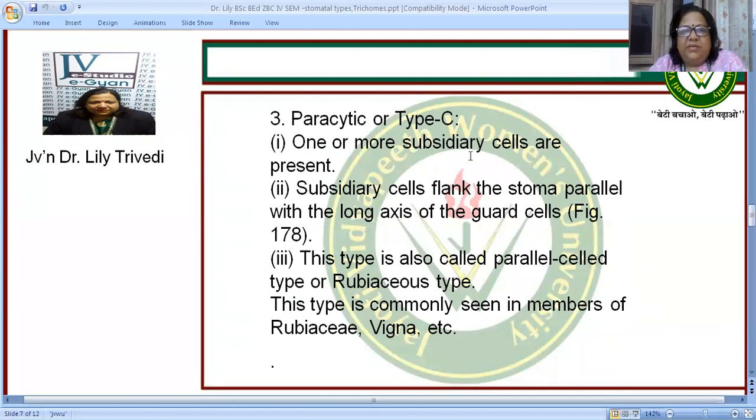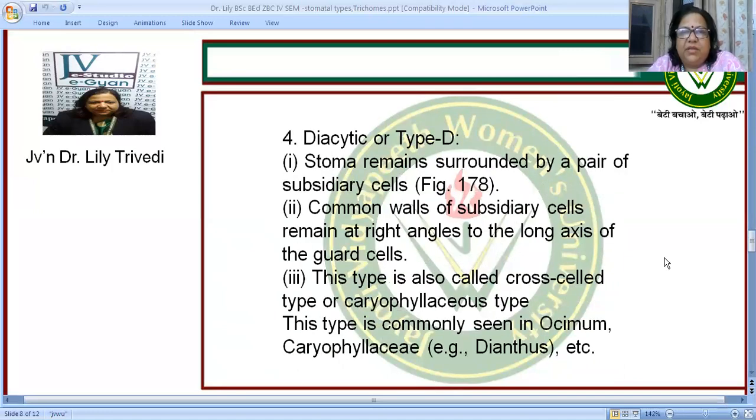One or more subsidiary cells. Here we are seeing the paracytic type or type C. Para means parallel. So the subsidiary cells flank the stomata parallel to the long axis. This type is also called Rubiaceae type or parallel cell and found in the members of Rubiaceae, Vigna, etc. The Diacytic type or type D is surrounded by a pair of subsidiary cells.